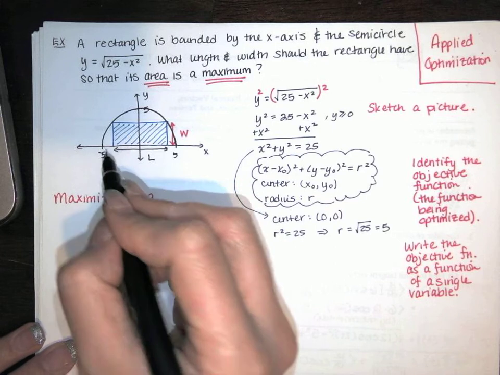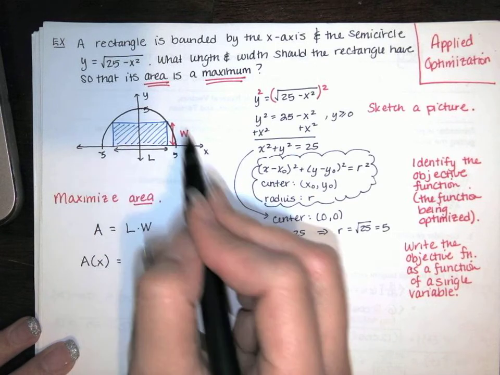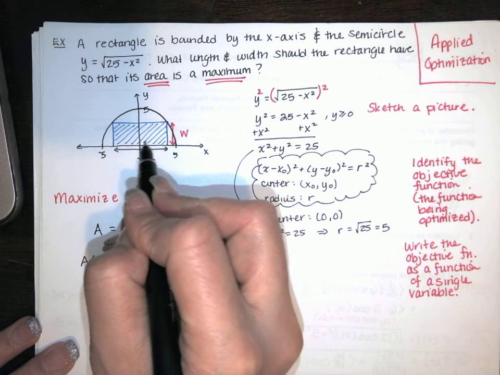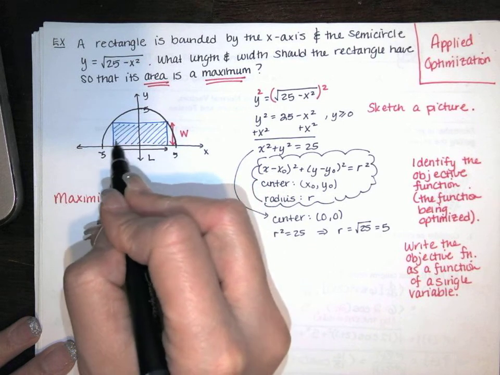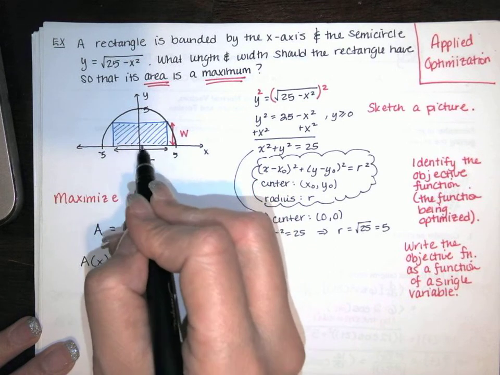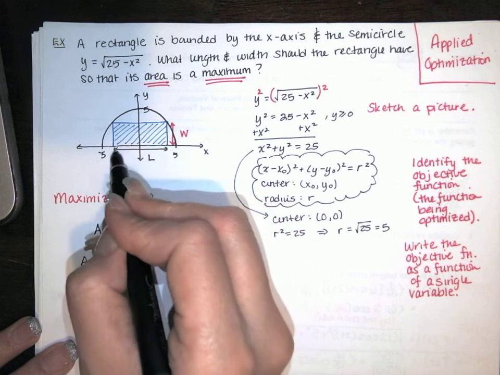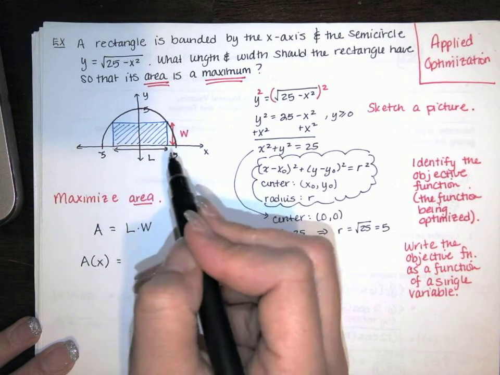Now, because of symmetry, because we're dealing with a semicircle that's centered at the origin, this distance here and this distance here are the same. So if we go out to, say, x equals 4 over here, we're going to go out to x equals negative 4 over there.